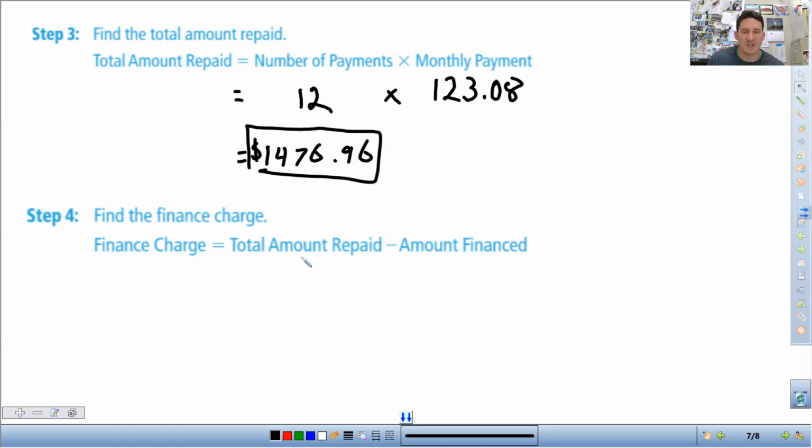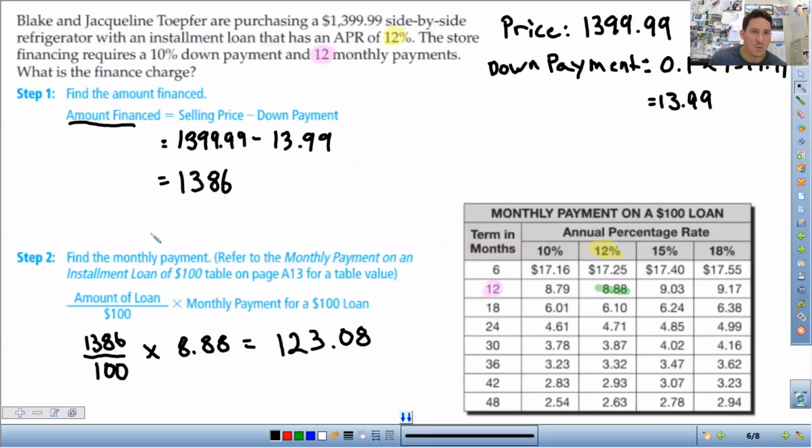Right? So the finance charge is the total amount repaid minus the amount financed. So the total amount repaid is $1,476.96 minus $1,399. Oh no, that's not the amount financed. I gotta go back. The amount financed was the $1,386.